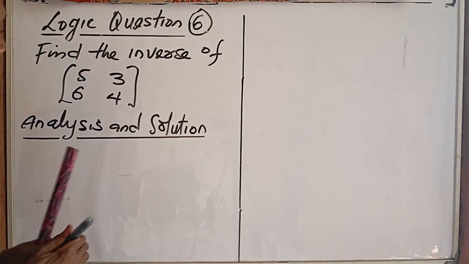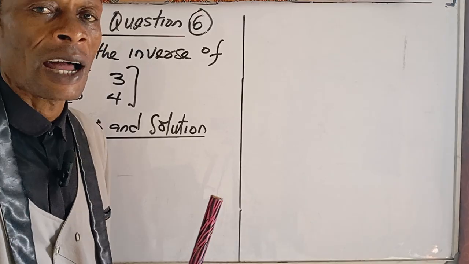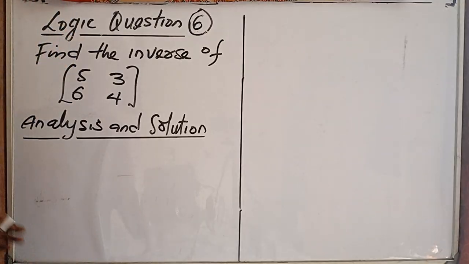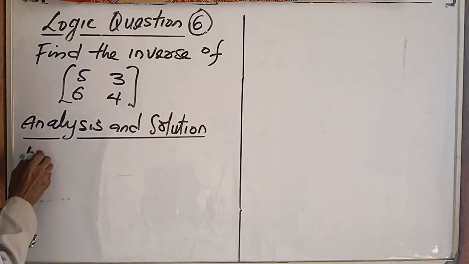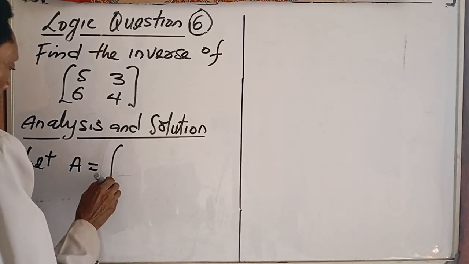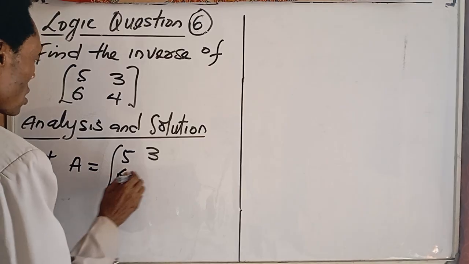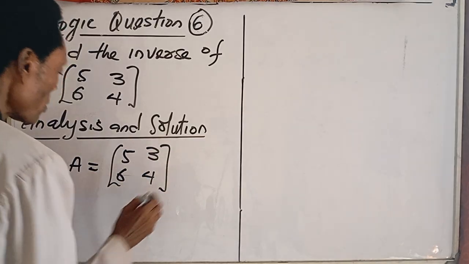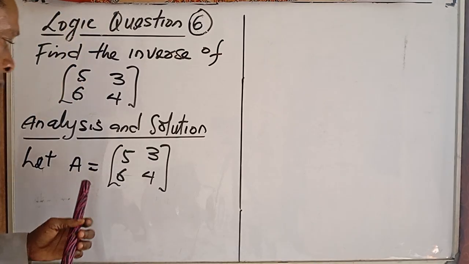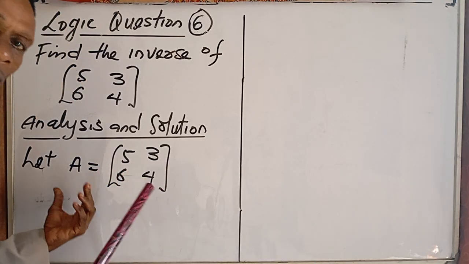You can use any letter or alphabet to represent the matrix, so let me use A. Let A equal 5, 3, 6, 4. So I have assigned the elements of this matrix to A.